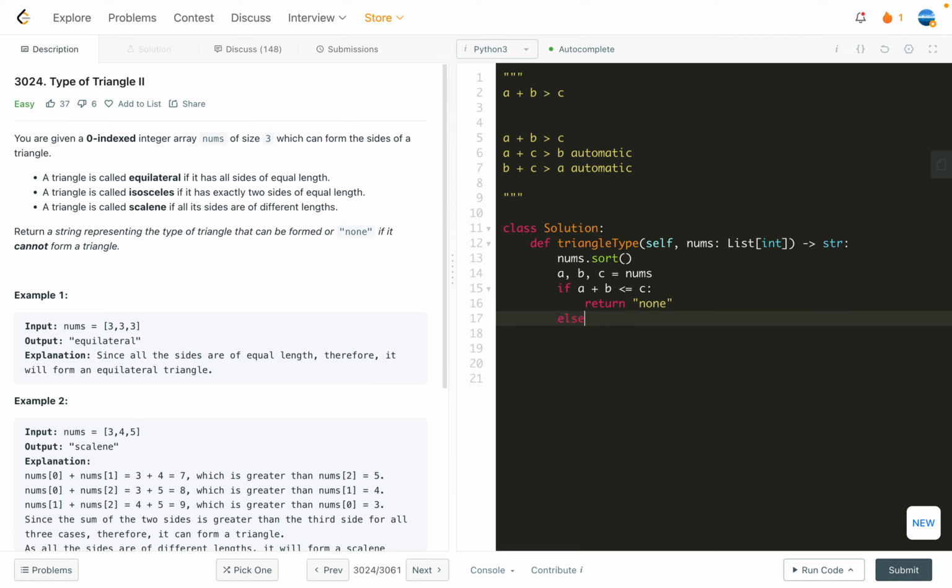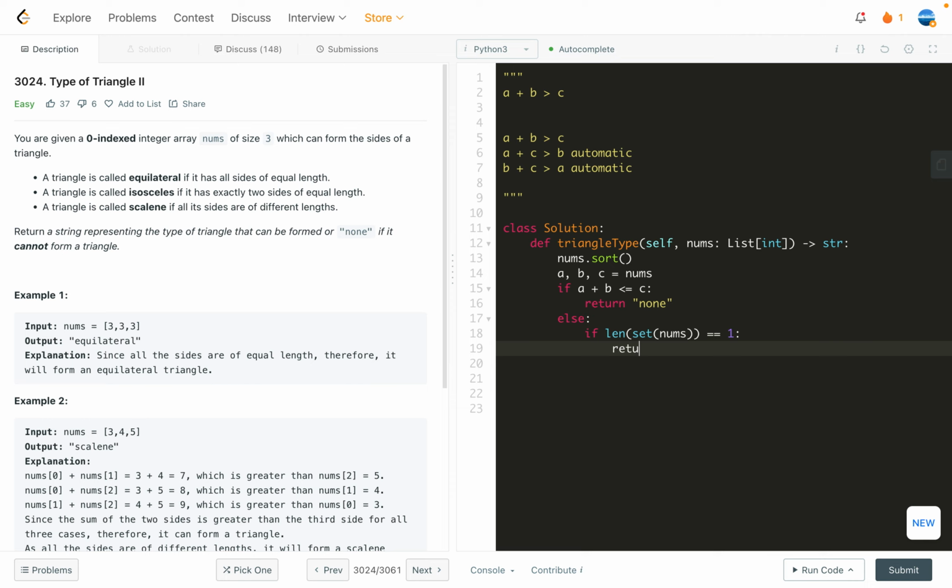Then in the else part, this corresponds to the case that these three numbers form a triangle. We just need to determine their type. So we can use the set, right? If we check the length of set(nums) and the length is 1, it means A, B, C are all equal.